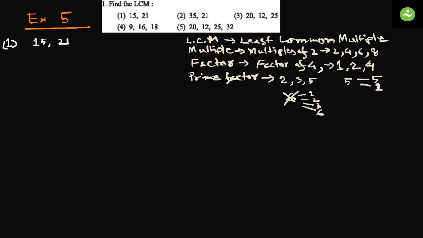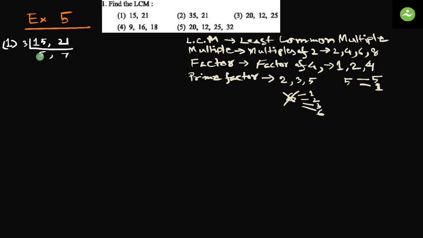Now let's start the math. Number 1, we have to find the least common multiple of two numbers, 15 and 21. We have to ask the question, which prime factor divides these two numbers? 2 doesn't divide. Yes, 3 divides. So 3 into 5, 15. 3 into 7, 21.